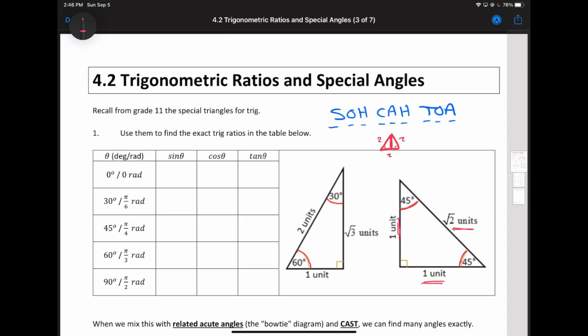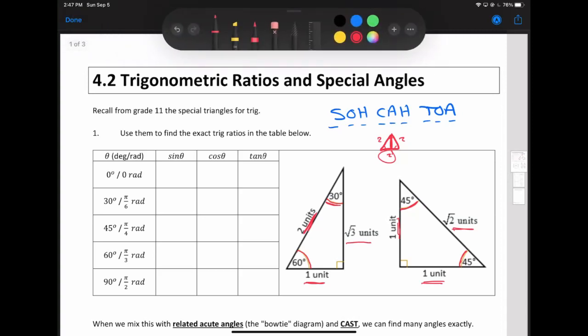So that's how we get 2 units for the length of the long side, 1 unit because that's half as long because we cut it in half up here, and then the remaining side, root 3, is just the Pythagorean theorem result when you find out the missing side. And because we cut it in half, we also have the 30 degree angle up there instead of a second 60 degree angle, obviously.